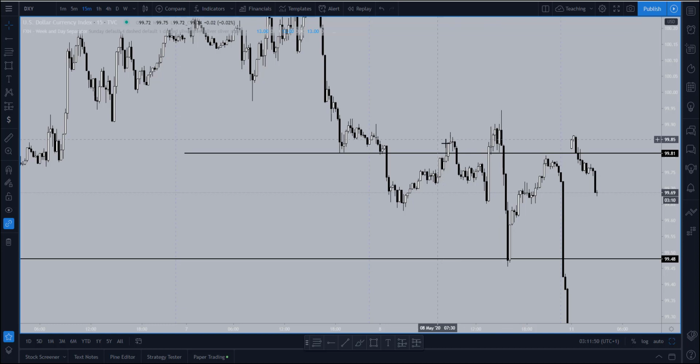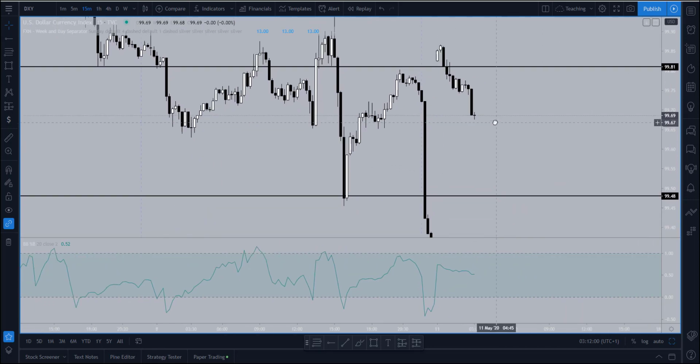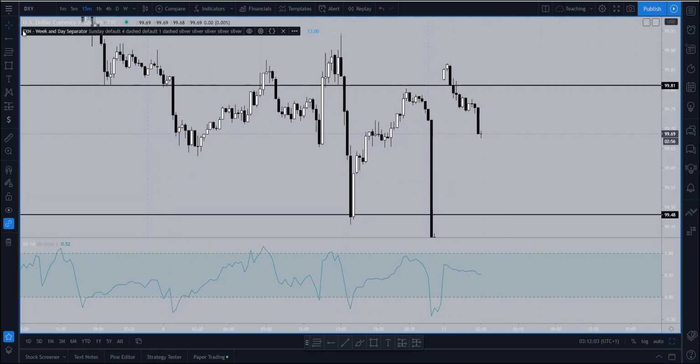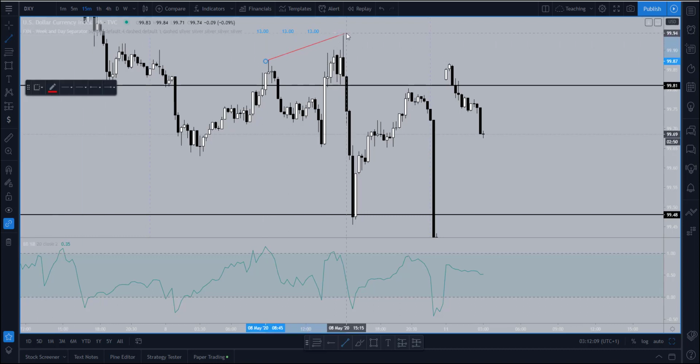So this is a run on stops, and this is where you get the divergence again. If I zoom in, you're going to see price made a high, and this made a lower high. So right there and then, that's your sell.